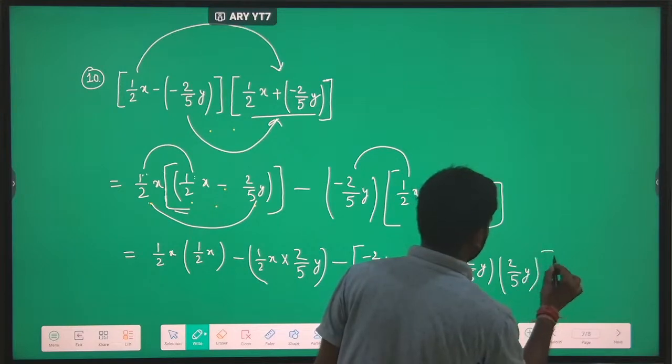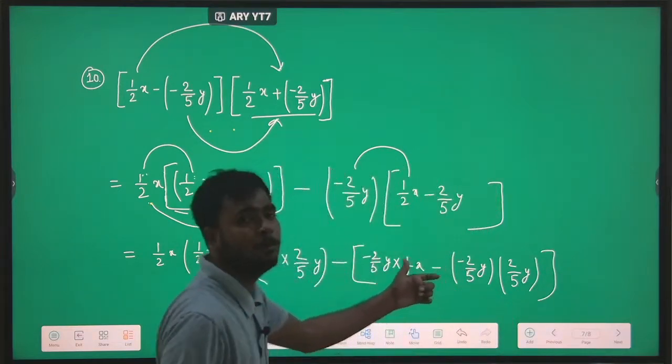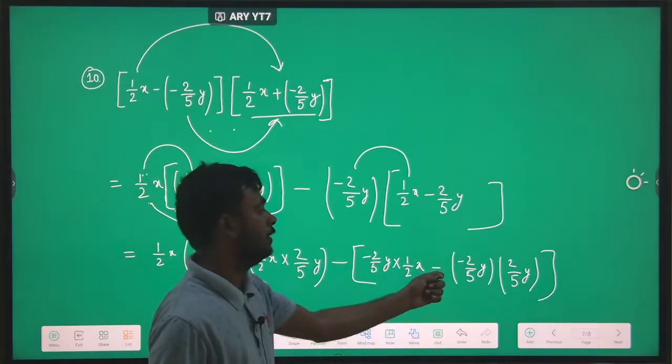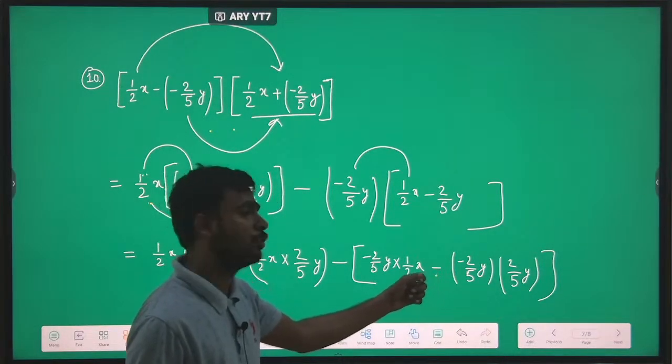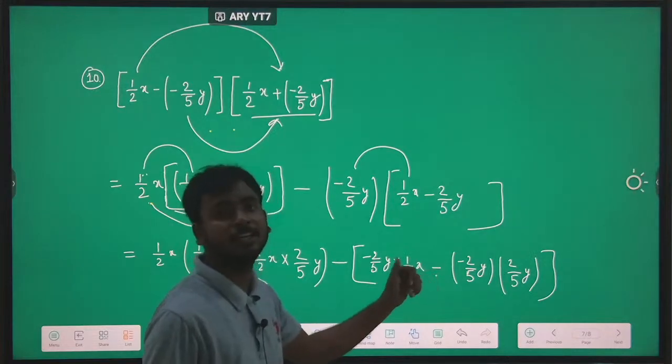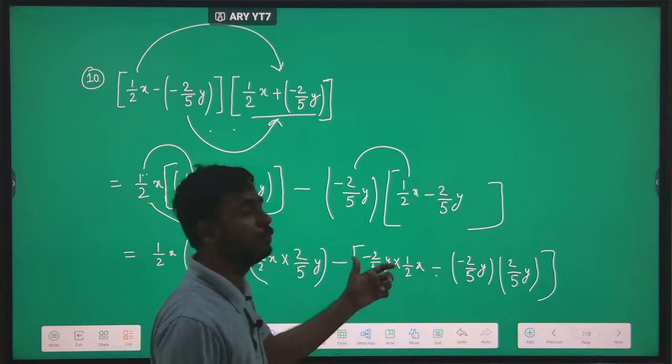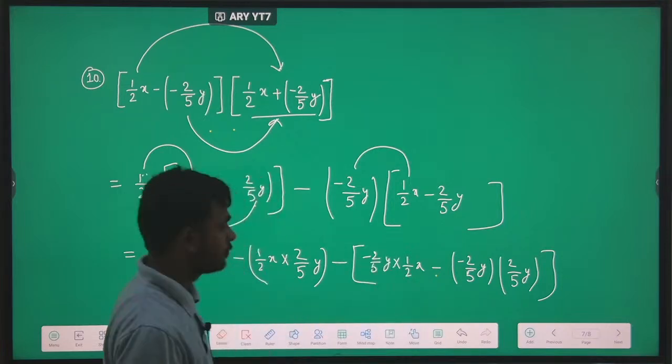You have to take care of symbols. This operator is very important. If we are not writing this minus, or if we are misplacing minus with plus, then the whole answer will be different. So you have to take care of that. Okay.